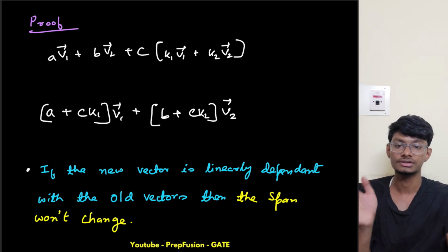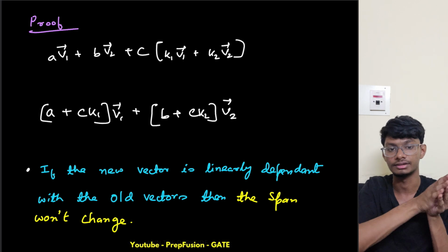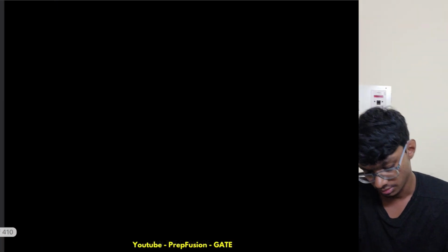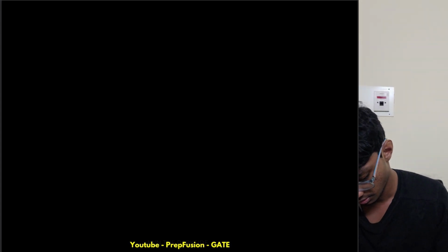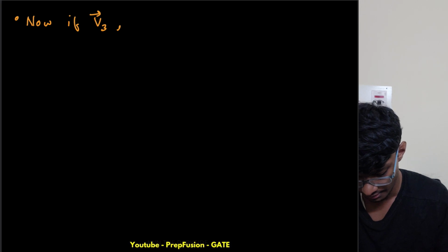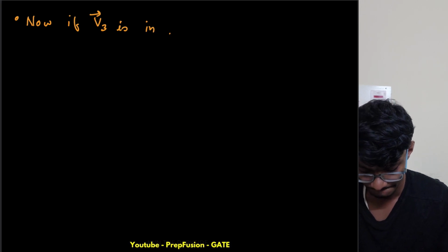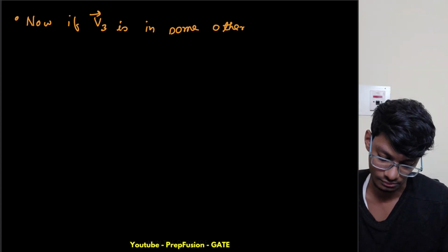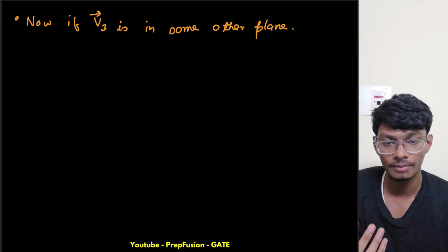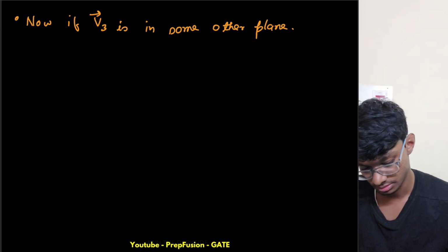Now what happens if v3 is not linearly dependent, it is independent? What happens if v3 is in some other plane? Then the span will change.